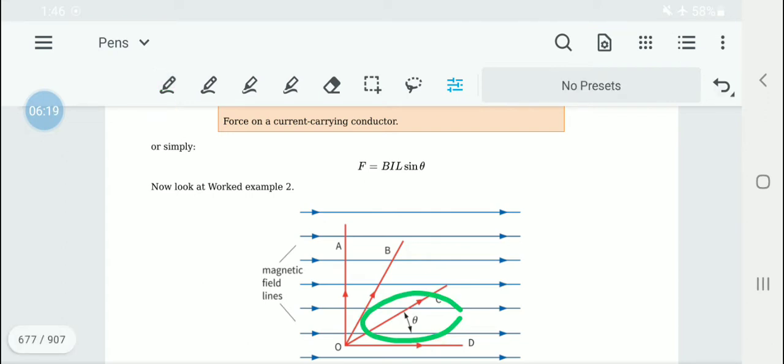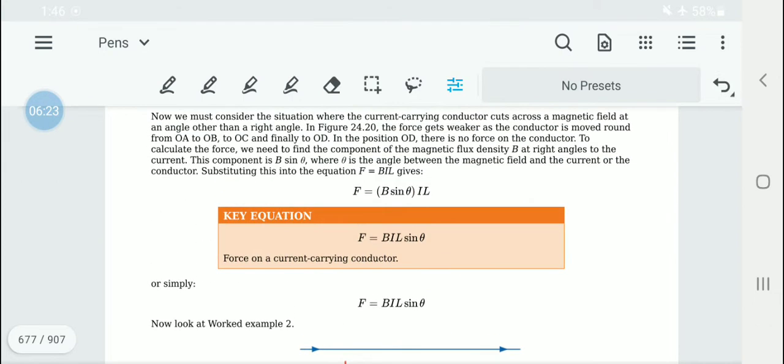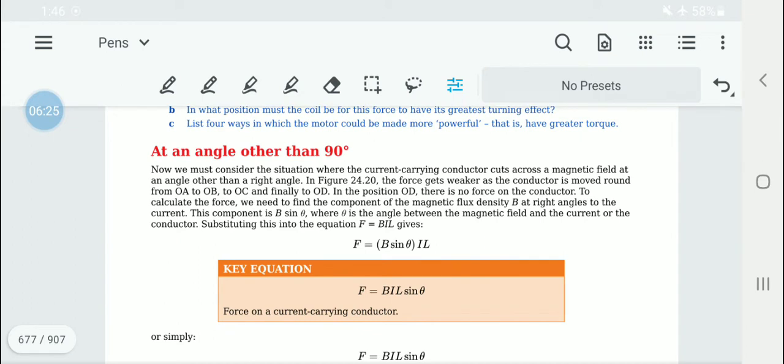So now let's see how it is going to be. We know from the earlier experiment that if it is not at 90 degrees, the B, the flux density, is going to be lesser.